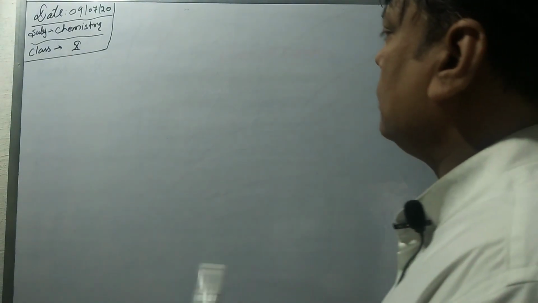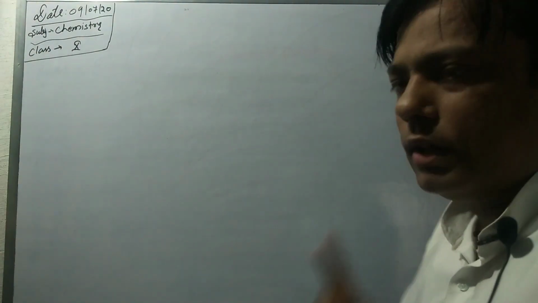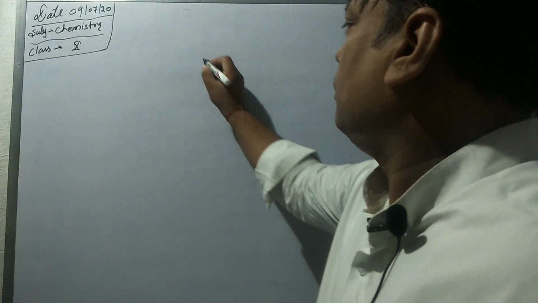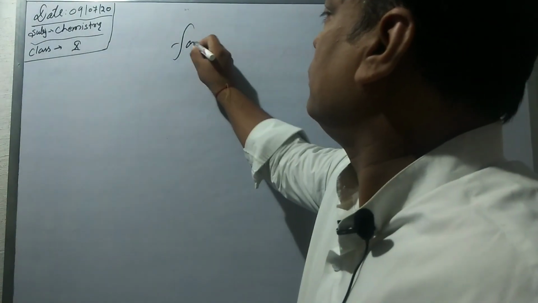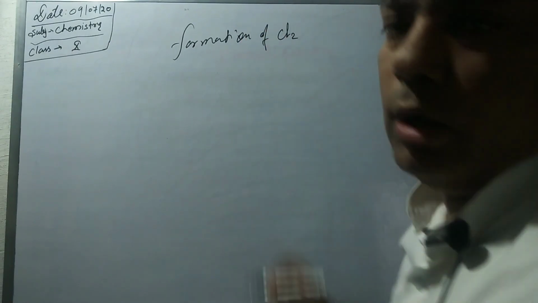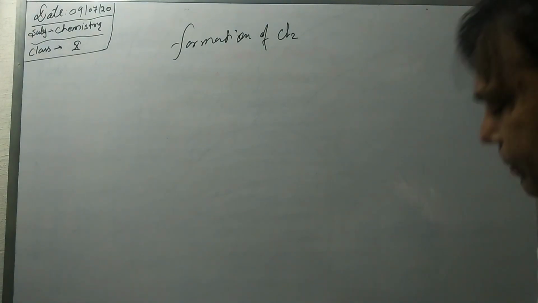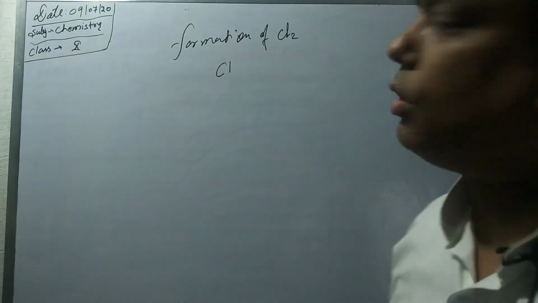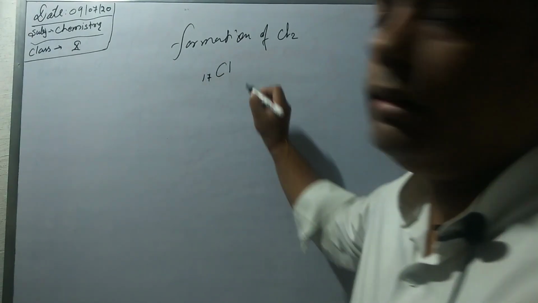Single covalent bond is formed by sharing of one electron each from two atoms. Suppose the formation of a chlorine molecule. How is a chlorine molecule formed? Cl is the symbol for chlorine, having atomic number 17.